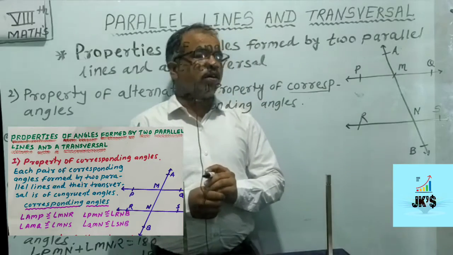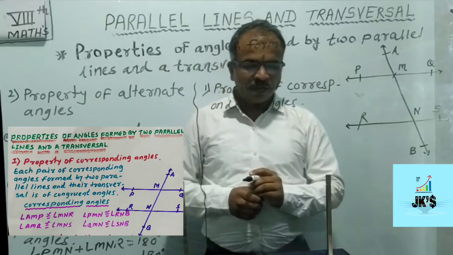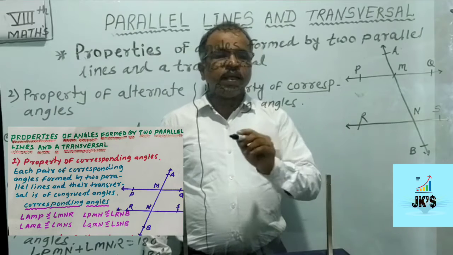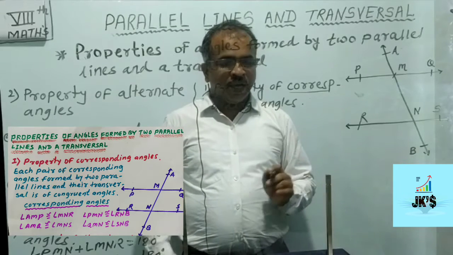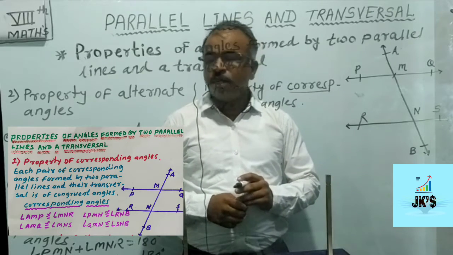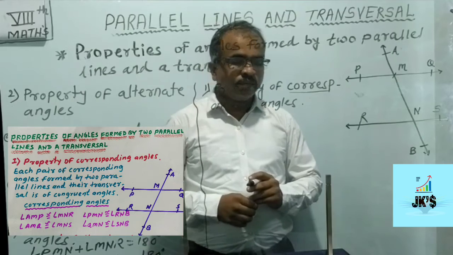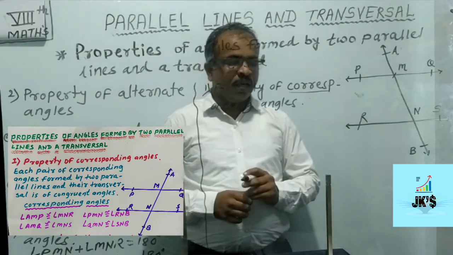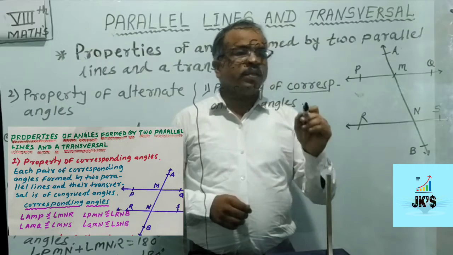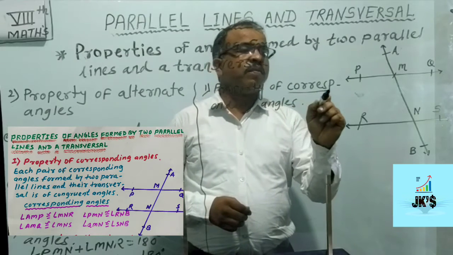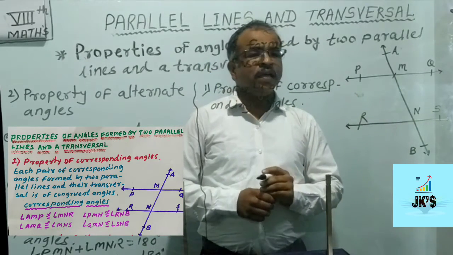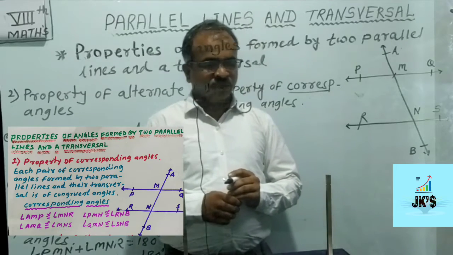So the property of corresponding angles: each pair of corresponding angles formed by two parallel lines and their transversal are congruent. That means corresponding angles formed by the transversal with these two parallel lines are congruent.